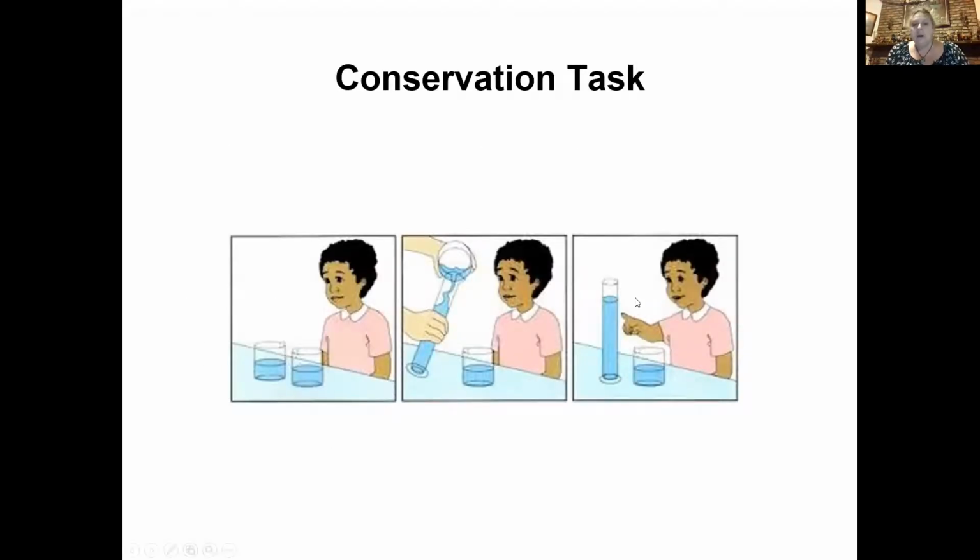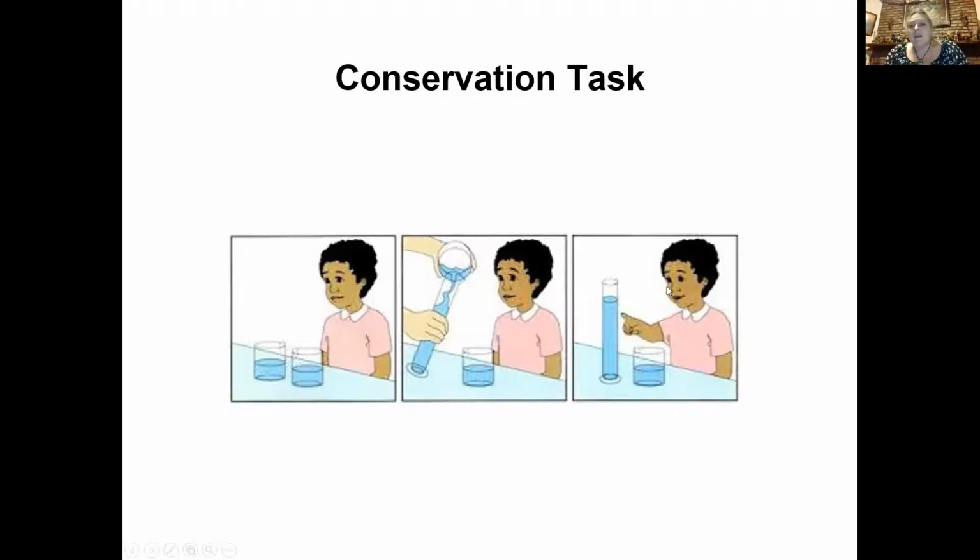So that is why it can hold that same amount. They're also making the error of reversibility, that idea of being able to mentally undo what was done. So the liquid was taken from the small glass, poured into the tall cylinder, and then the child says, oh, there's more.